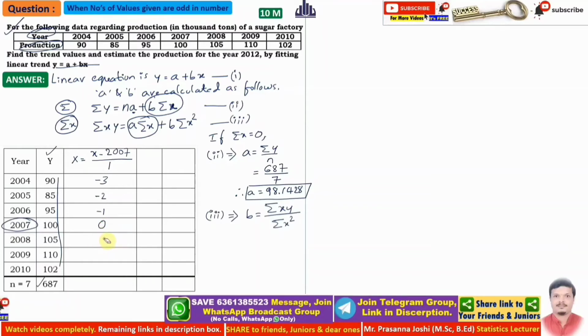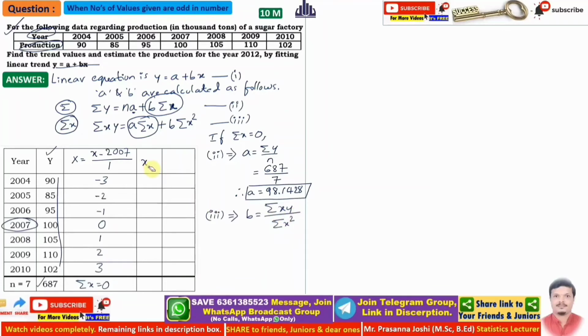In a similar way, if we calculate further, we are getting these values of x. So when we add all these values of x, certainly we are getting summation of x equal to 0.